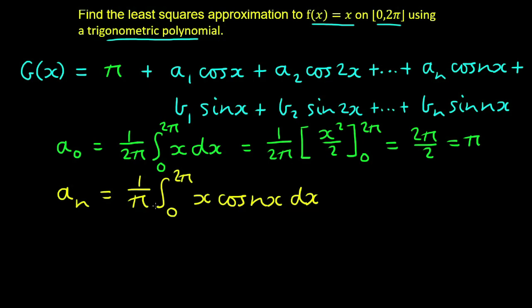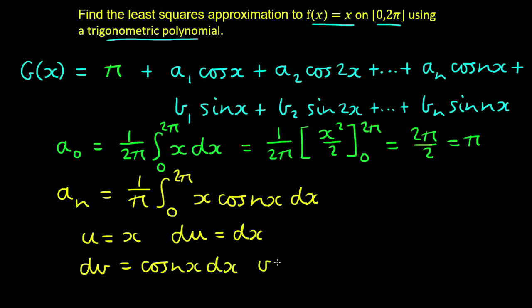So here we can use integration by parts. So we can set u equal to x, and therefore du is equal to dx, and dv is cosine nx dx.